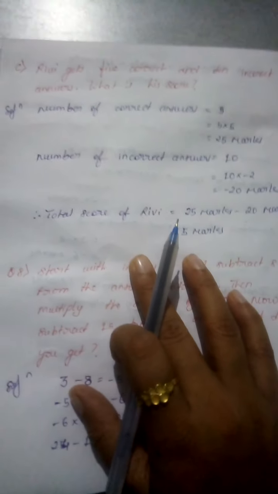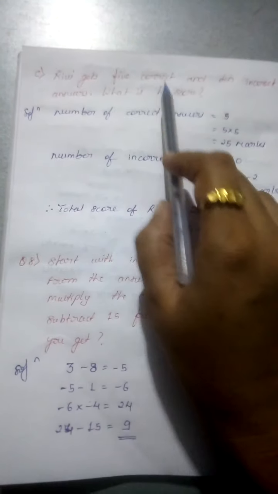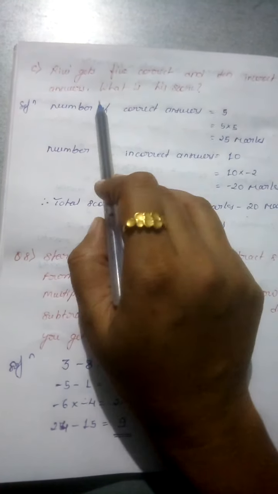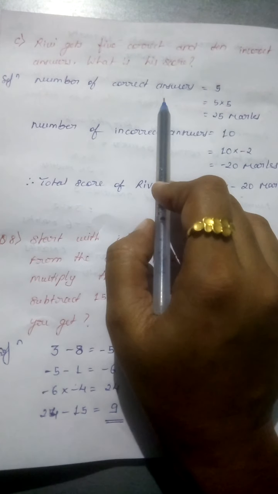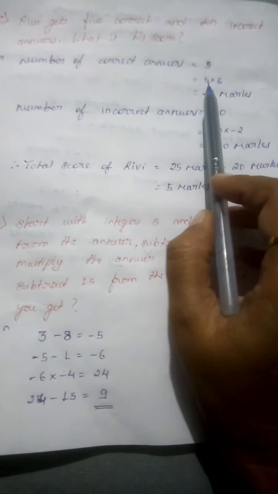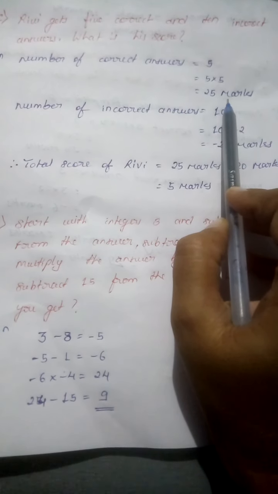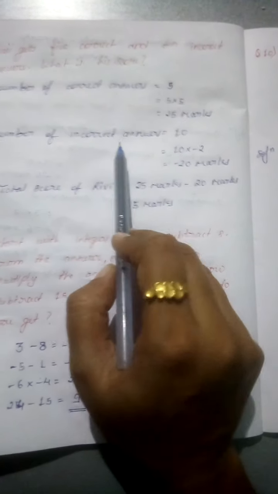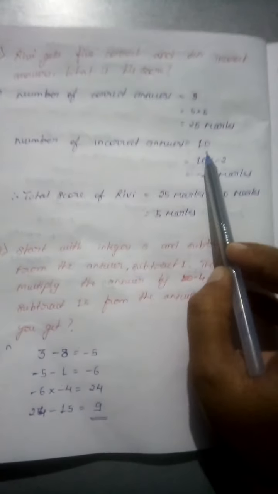Then the next question C: Ravi gets 5 correct and 10 incorrect answers. What is his score? The number of correct answers of Ravi is 5, and for a correct answer 5 marks are awarded. Then 5 into 5 equals 25 marks for correct answers. Then the number of incorrect answers is 10.